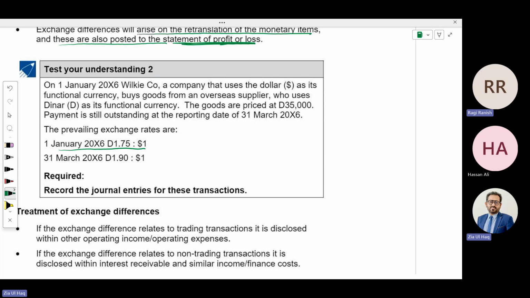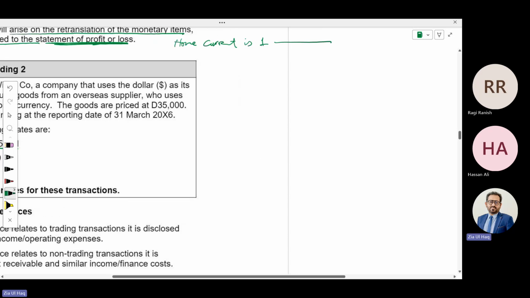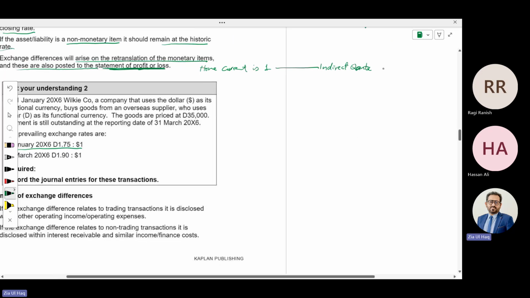20,000. If your home currency is 1, this is called an indirect quote of exchange rate, and in that case there is always a case of division.